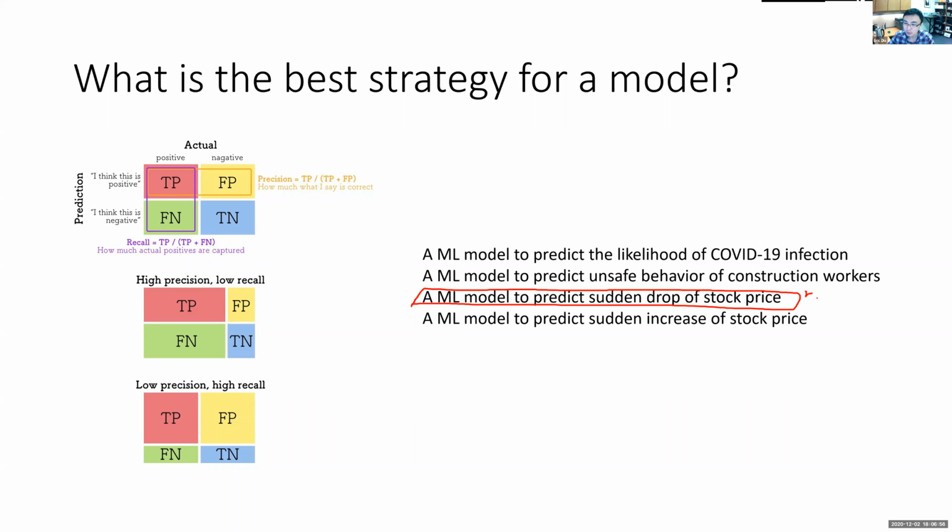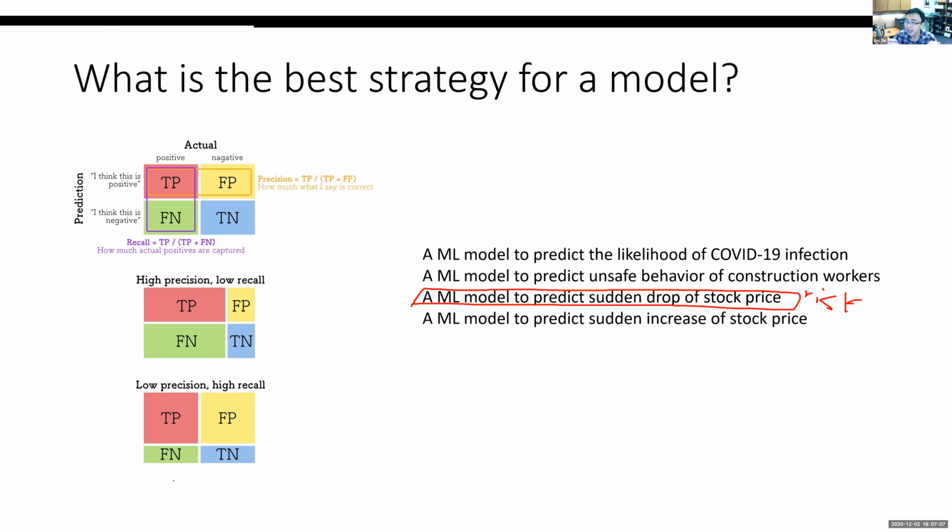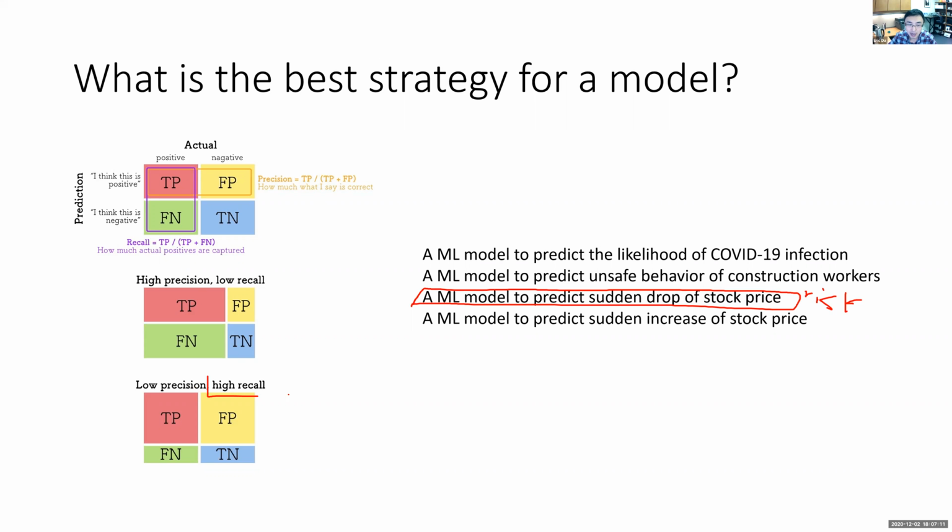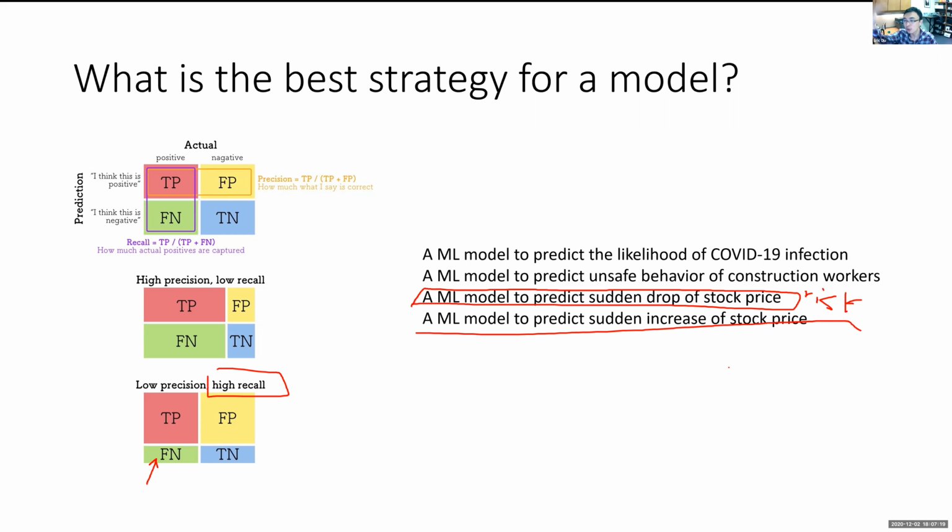This is related to risk, right? So whenever the sudden drop happens, I want to make sure I can correctly capture that. So I want to correctly capture the sudden drop of the price. I desire a high recall rate, or I want the type 2 or false negative one to be smaller. But when I want to predict the sudden increase of the stock price, I want my model to be precise instead of the recall rate.